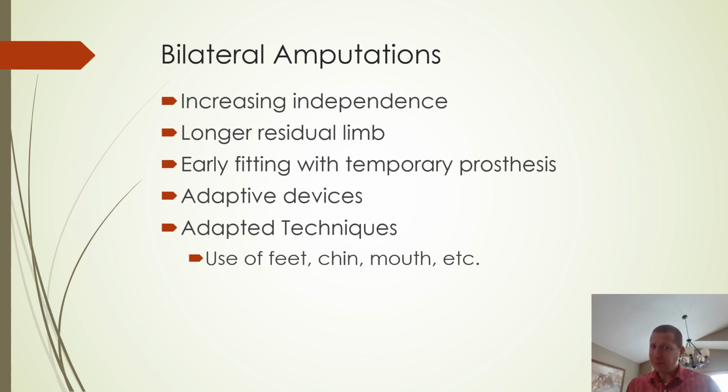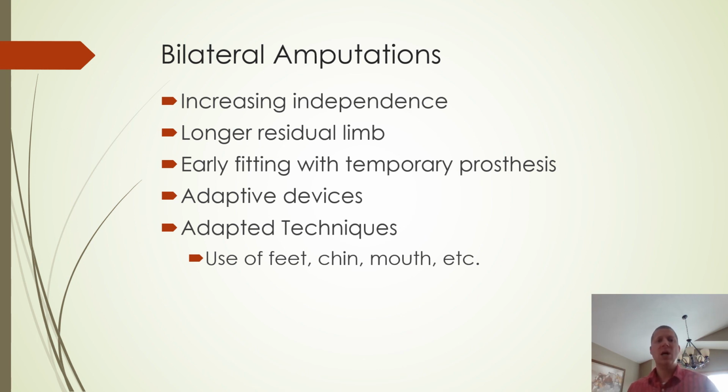And so if we can fit them early on with a temporary prosthesis, just so that we can get them using whatever residual limbs they may have. And it may be putting that temporary prosthesis on whatever longer residual limb they have.